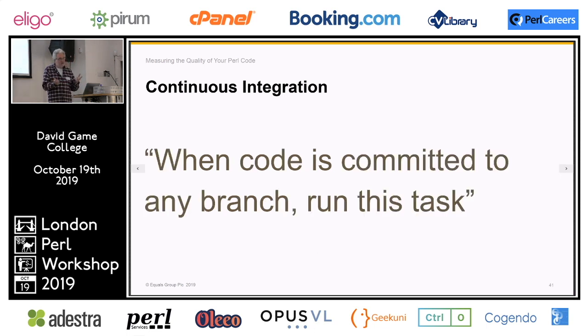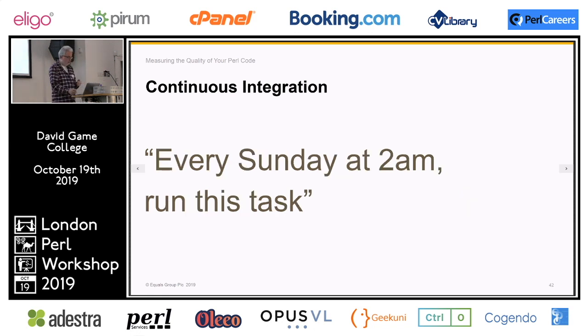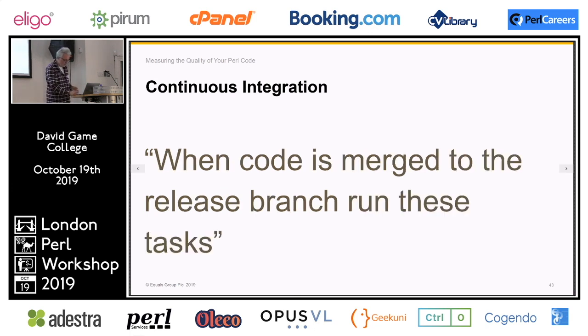So, but basically, you've got a tool, and it could be any of these dozens of tools, and it will allow you to set up rules that say things like, when code is committed to any branch, run this task against that branch. Each Sunday at 2 a.m. in the morning, run this task. When code is merged to the release branch, run these tests.